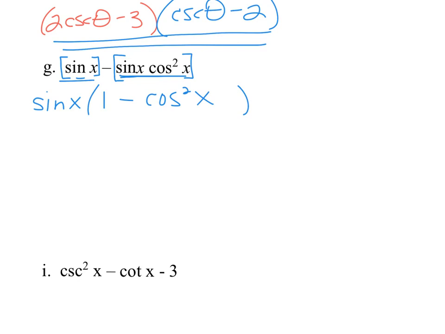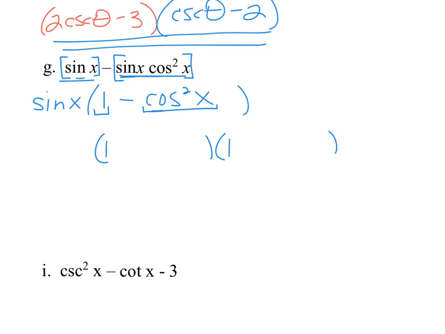Let's look at the parenthesis now. 1 minus cosine squared. Well, from the very top, 1 is a perfect square, and cosine squared is also a perfect square. So like those two problems at the top, this is a difference of two squares, which is factorable. We can split apart the 1 into 1 times 1.